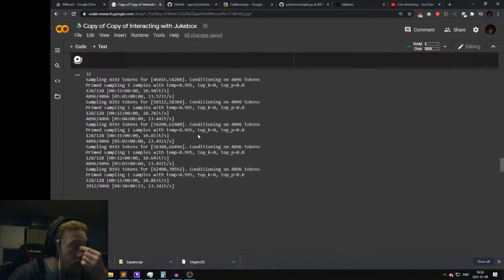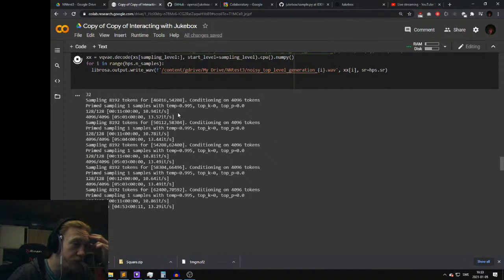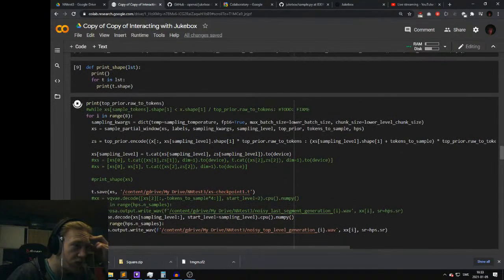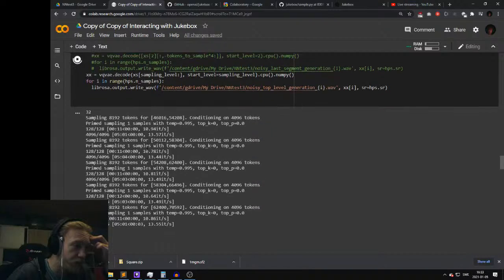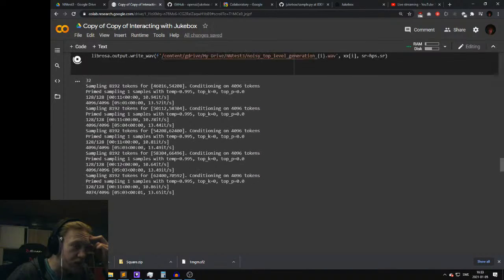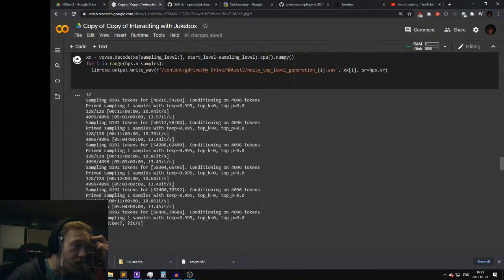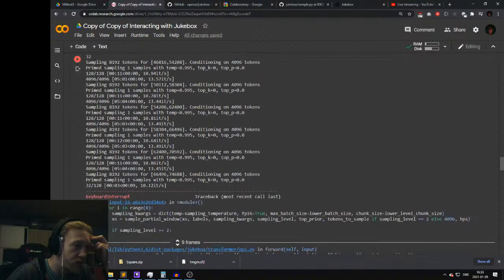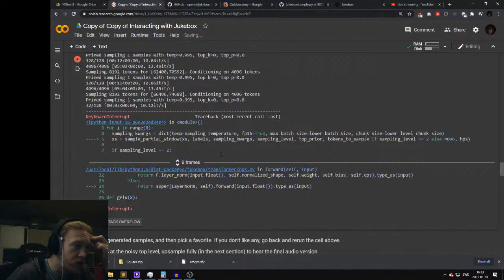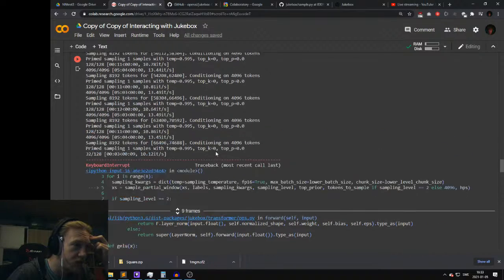Thing is, when you cancel the sample partial window, it has a tendency to break everything after that. Like there, I interrupted it.